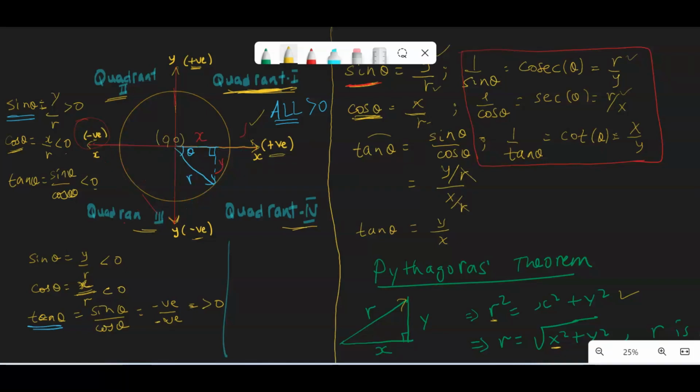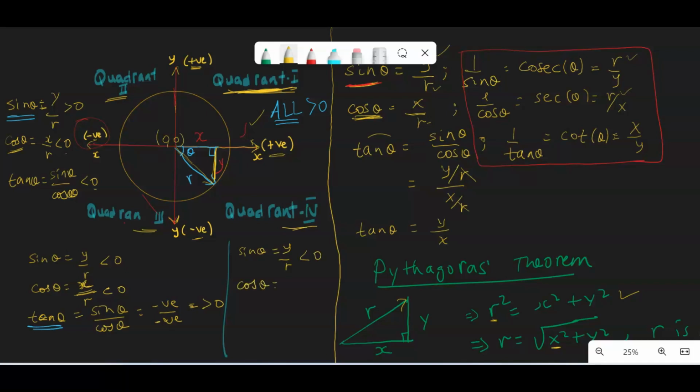So sine of angle theta here is the opposite side, which is y, divided by hypotenuse r, y divided by r, because y is actually a negative value. As I said, it's below the origin 0, so that should be negative. So sine in quadrant 4 is less than 0.